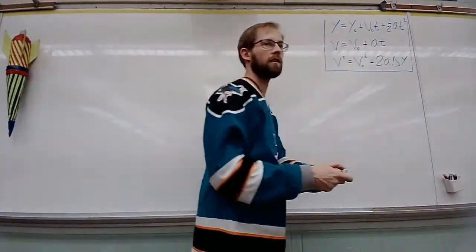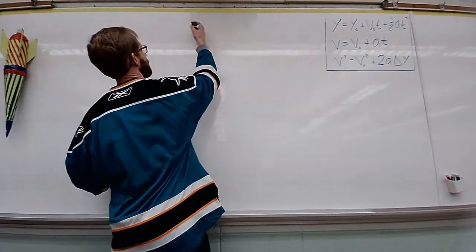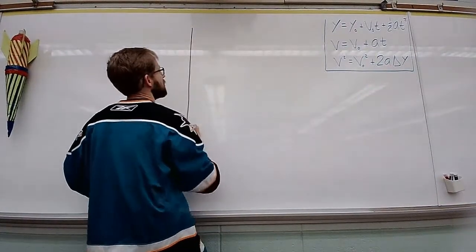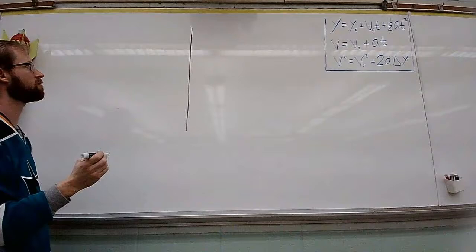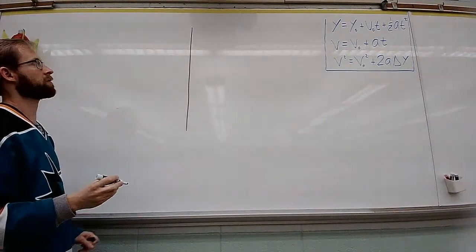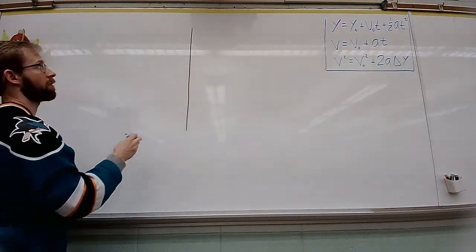First thing I'd like you to do is draw a nice big line kind of down the middle of your piece of paper. It doesn't have to go all the way down, maybe halfway down your page. Label the left side horizontal and the right side vertical.